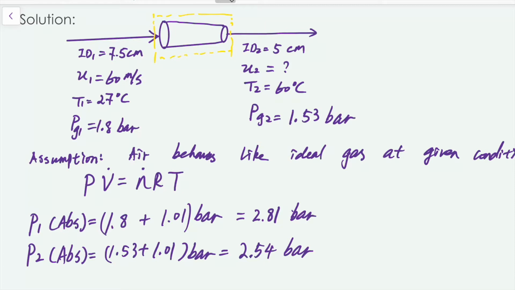We have to convert temperature to Kelvin. This is 300. Now we have pressure, temperature in absolute value.